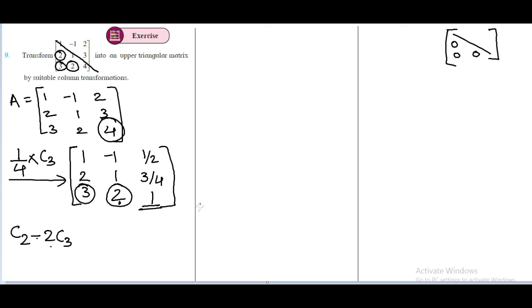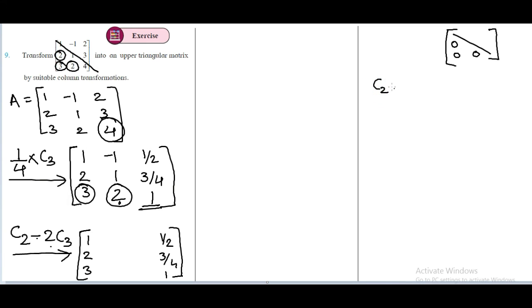Okay, so to do this operation, the changes will happen in column 2, right? So I'll write down first column as it is, and third column as it is. For the second column I'll do the calculation over here. What is our operation?